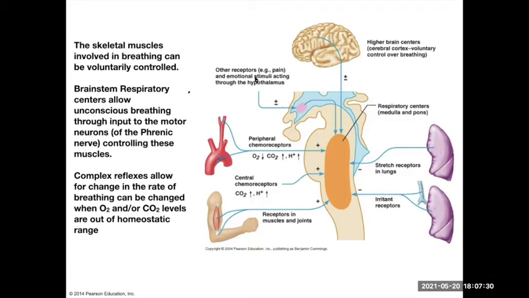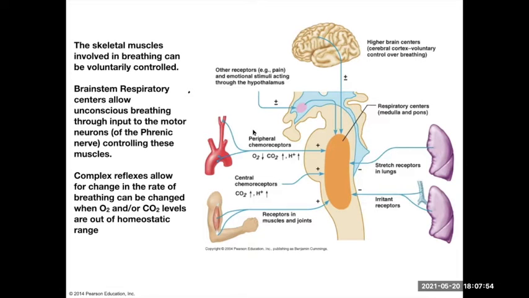So the skeletal muscles, that is your diaphragm and your intercostal muscles, when they contract, are going to expand your rib cage. Basically, they're going to expand your thoracic cavity, which is going to increase the volume.